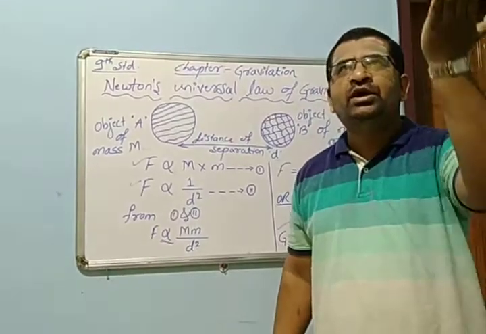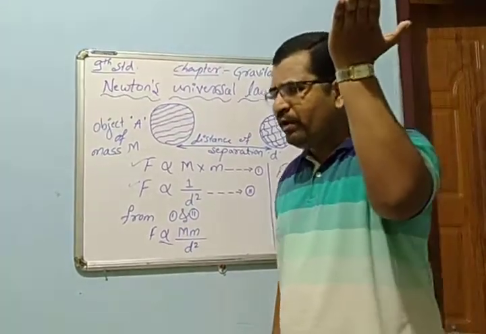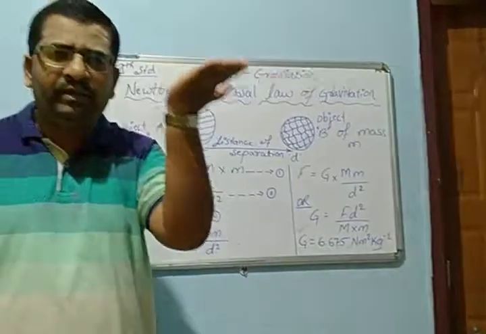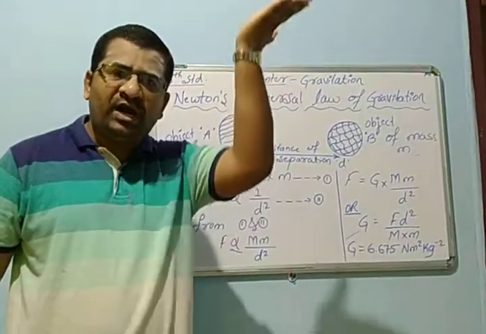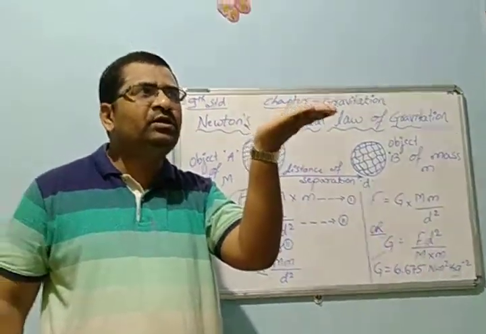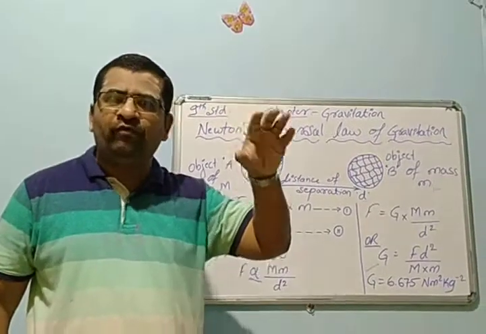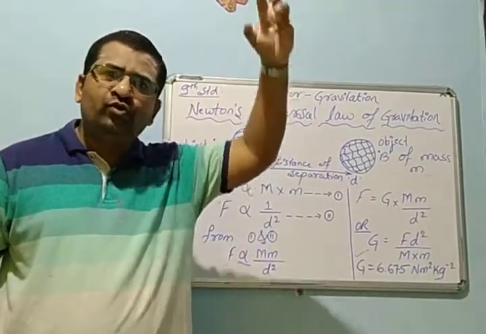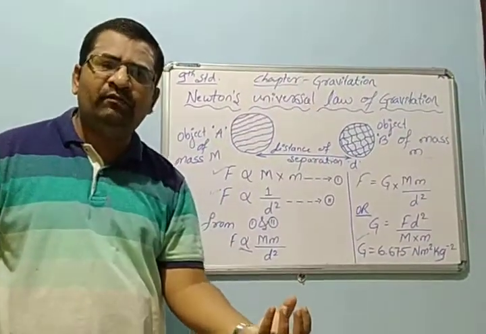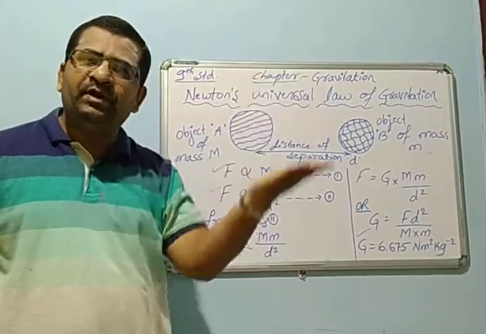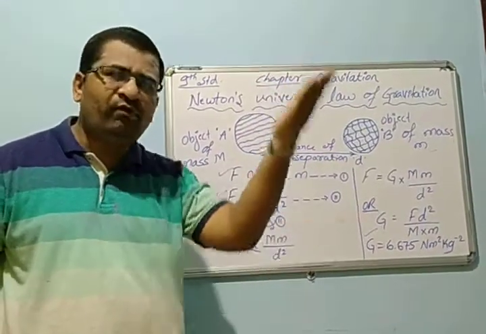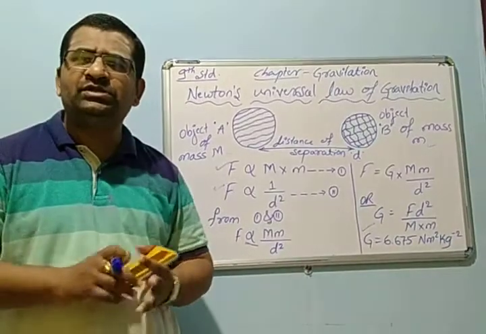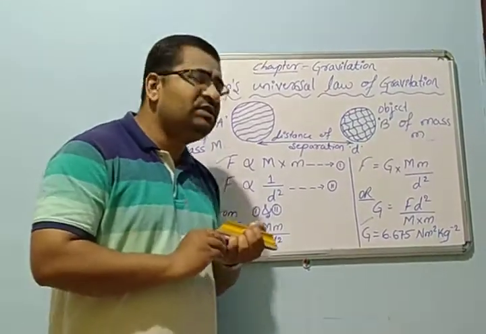From this universal law of gravitation, there are certain illustrations. When we drop a piece of paper from a certain height, and a stone from the same height, the stone comes to the ground very fast, and the paper takes a lot of time to come to the ground. What is the reason behind that?